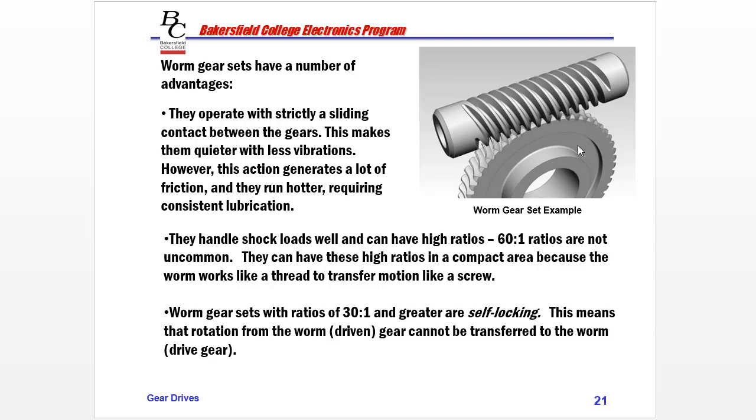Because of the high ratio, if we try to take whatever is attached to this worm gear and try to spin it, we won't be able to transfer any rotation or any force to rotate the actual worm. So if we don't put power to the worm itself, then it will not spin. It's considered self-locking when we can't spin the gear and cause the worm to spin.